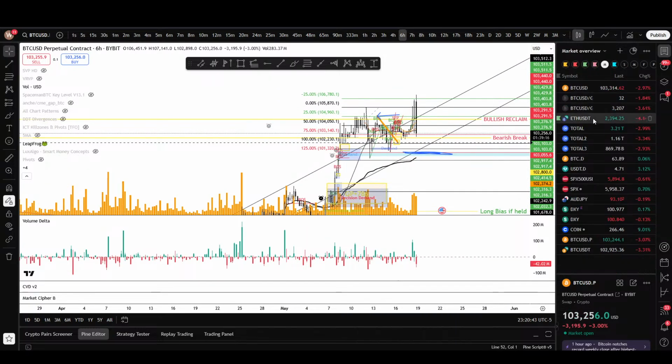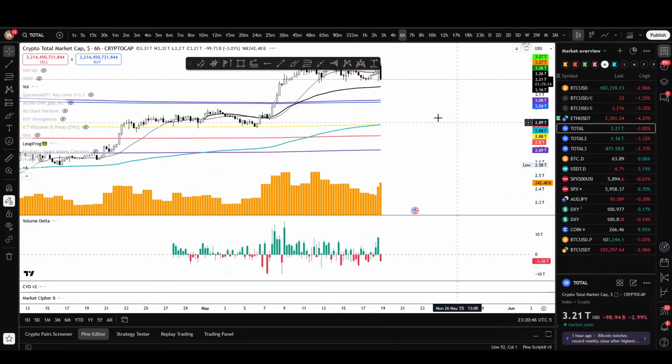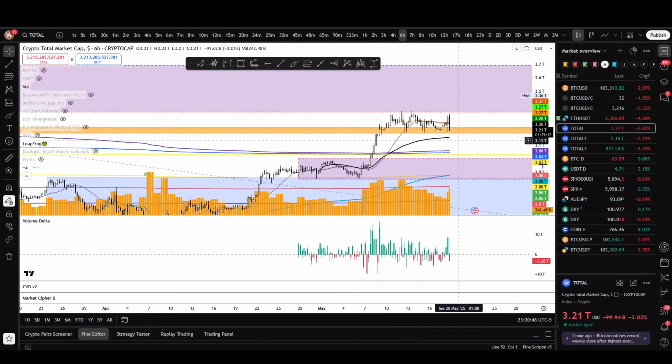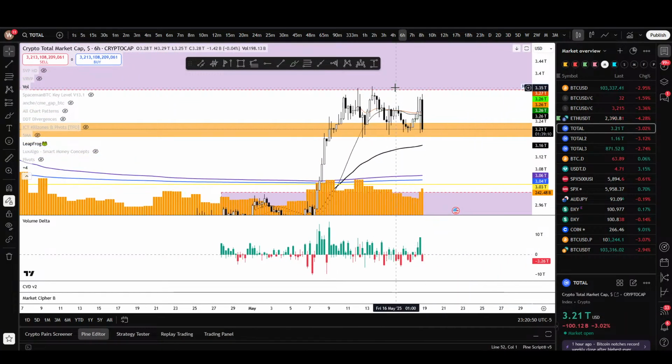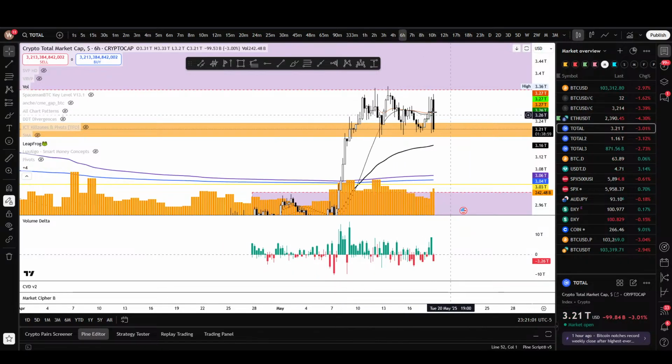But I would say I don't like how total looks. I don't like where we rejected from on total. Oh, that's a lower high on total too. Yeah, I don't like that at all. So total didn't even make a higher high when Bitcoin just did, which means dominance is probably ripping.